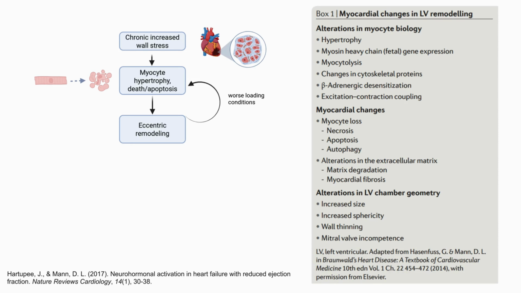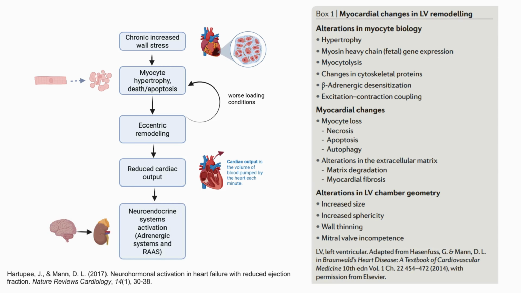There are more changes in wall stress, changes in myocyte metabolism, and then changes in cardiac tissue. This leads to a decreased cardiac output, which then activates a cascade of hemodynamic and neurohormonal changes.